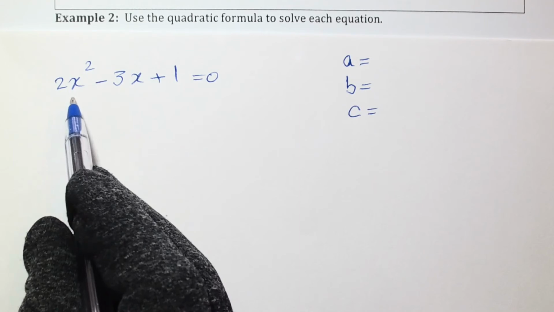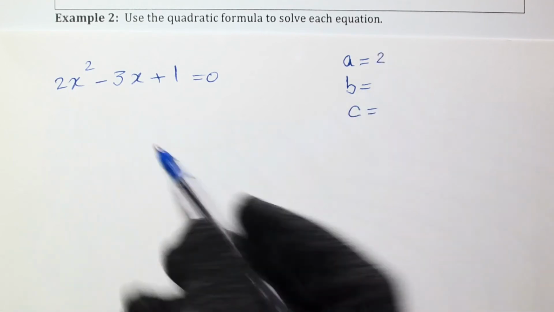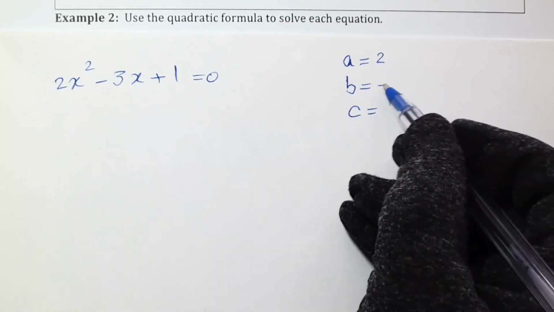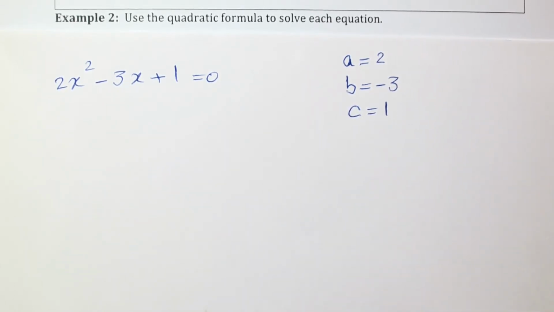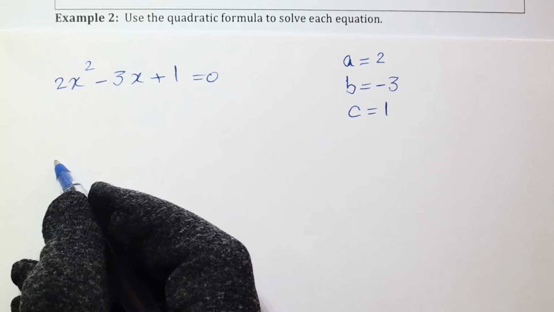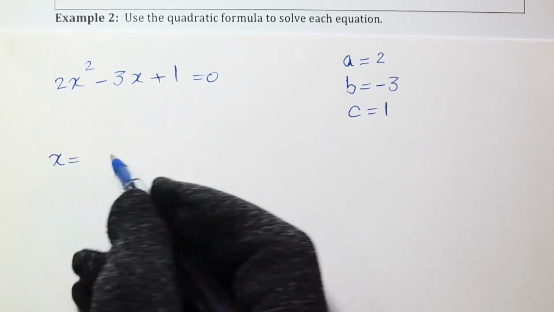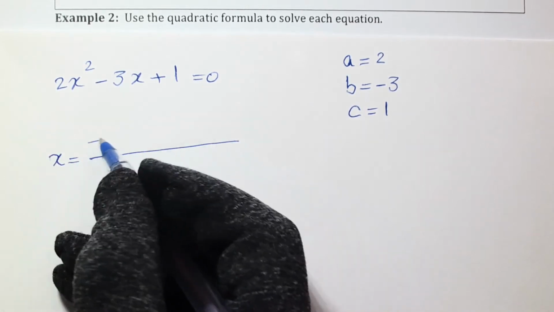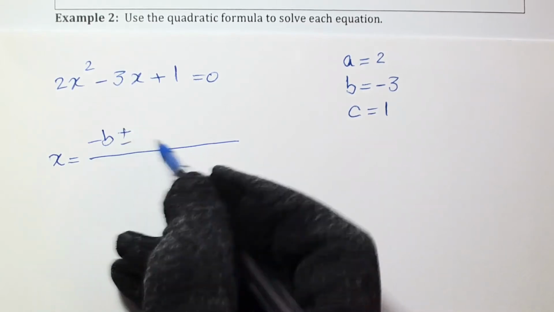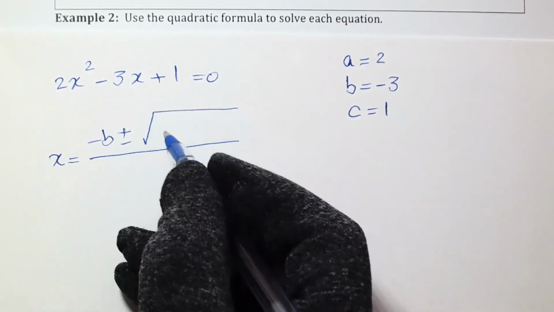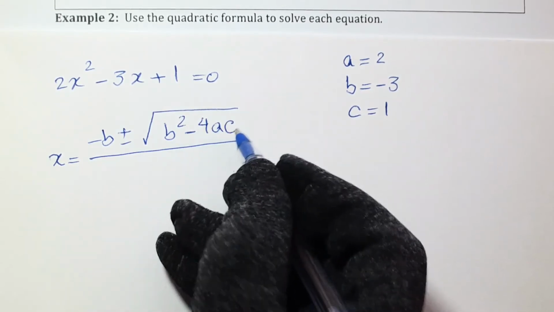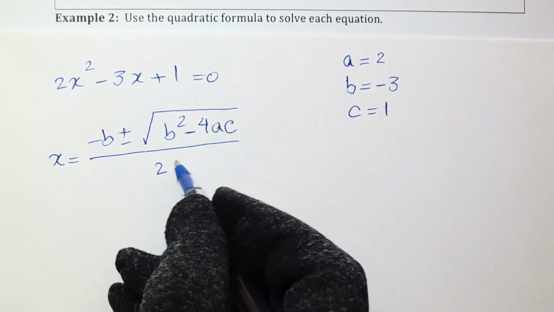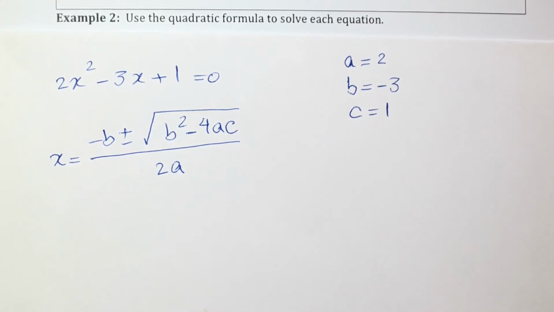A, the coefficient of x squared, is 2, b, the coefficient of x, is negative 3, and c, the constant, is 1. Now we copy the formula. x equals minus b plus or minus square root of b squared minus 4ac, divided by 2a. Again, I suggest you memorize this formula.